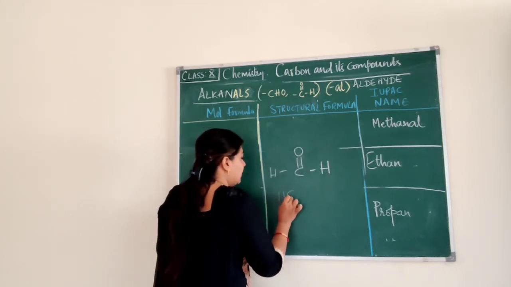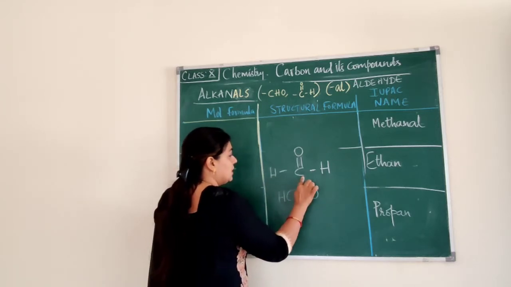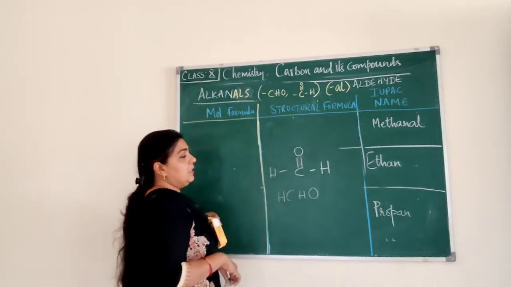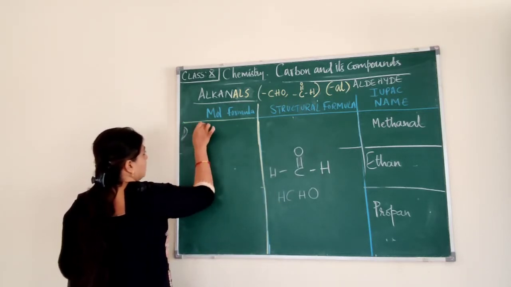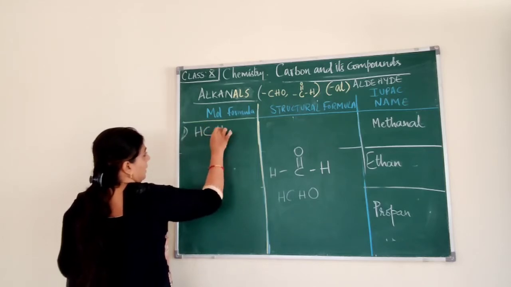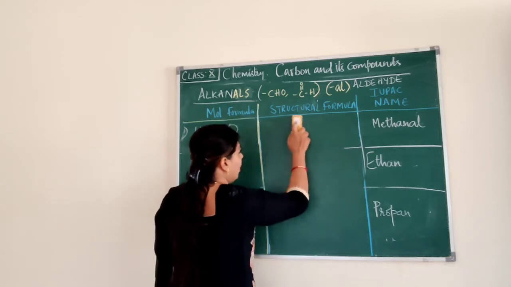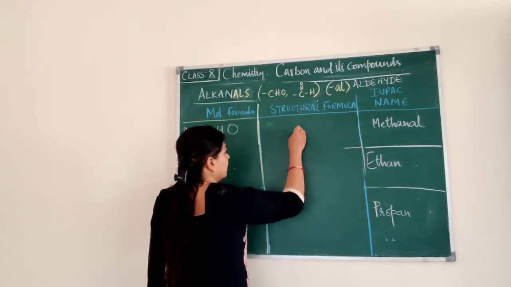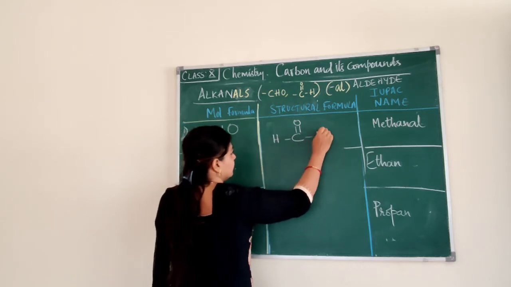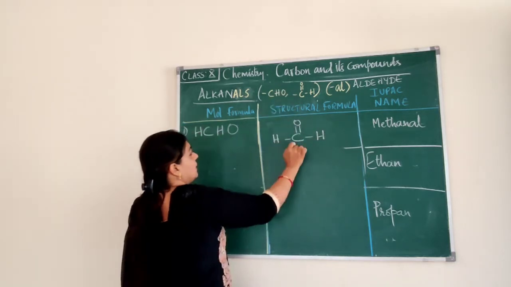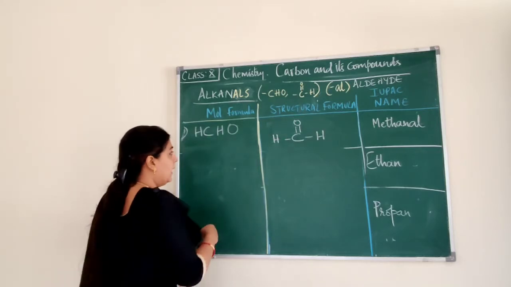It will be HCHO, right? So that is methanal. HCHO is the structural formula for methanal. The CHO group is aldehyde, okay?